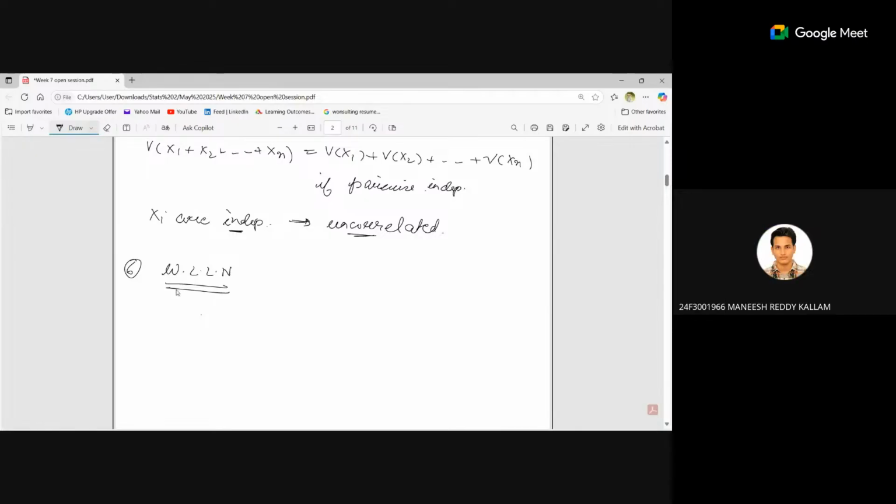So basically, the equation is probability of mod of x bar minus mu greater than delta is less than or equal to sigma square by n delta square. This is the equation of the weak law of large numbers. So what we are basically finding out is the distance between x bar and mu.